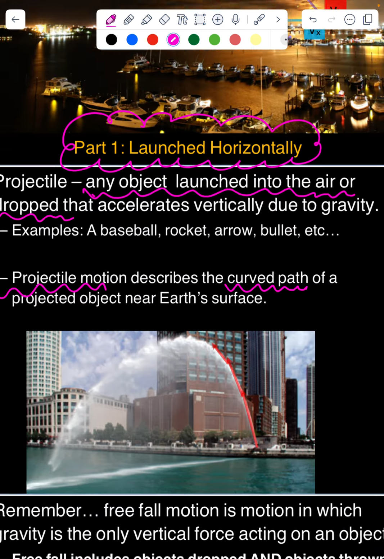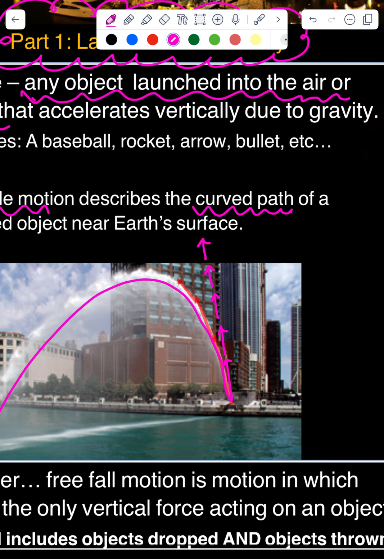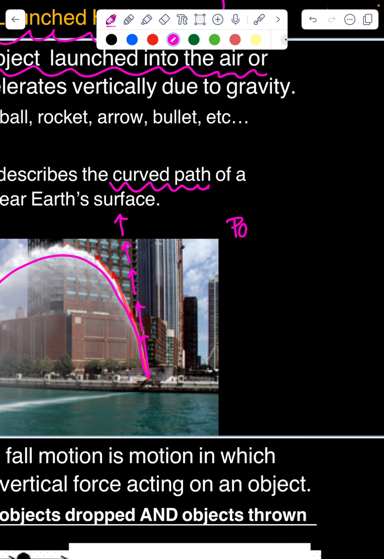If we were in a place that did not have gravity, then this water spout would just keep going on and on in the same direction without changing its course. But because we do have gravity, it creates this curved path. In math, we call this shape a parabola, and that is what projectile motion looks like.